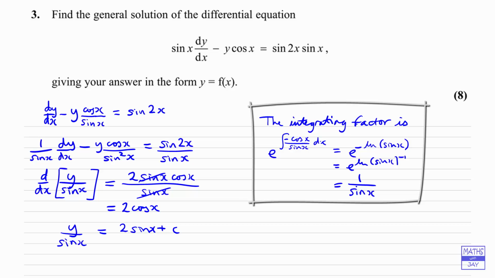So that means that all we need to do is to multiply across by sine x. So we've got sine x multiplying 2 sine x, and remember to leave the plus c inside the bracket. So you could leave the answer like that, or you may like to write it as 2 sine squared x plus c times sine x.